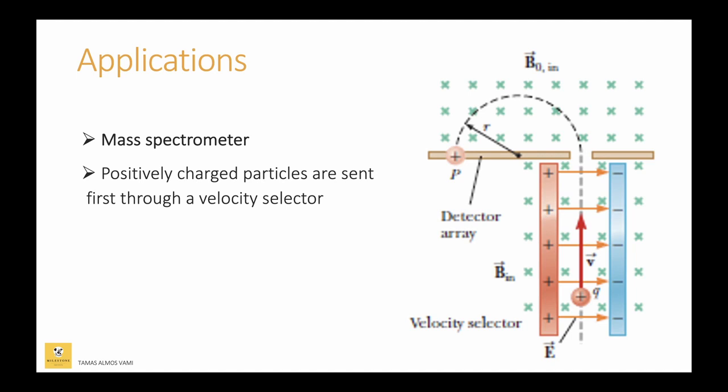This is the so-called mass spectroscopy, or mass spectrometer, in which, in this formula earlier, we need to have a velocity of the particle.